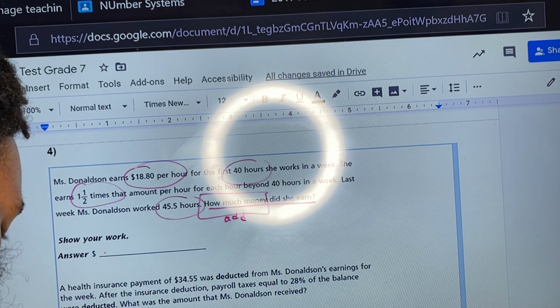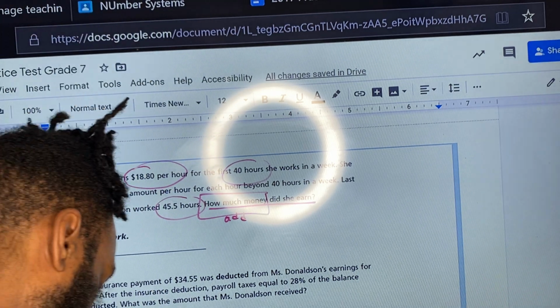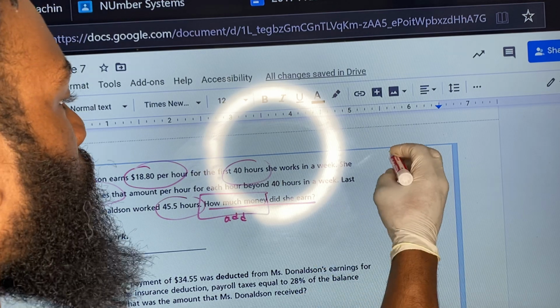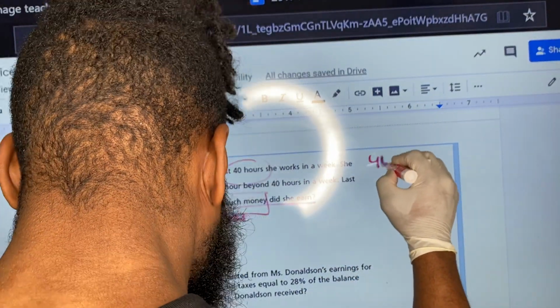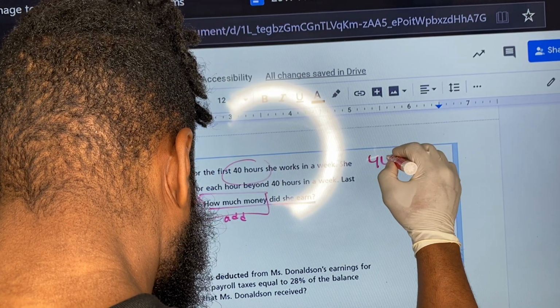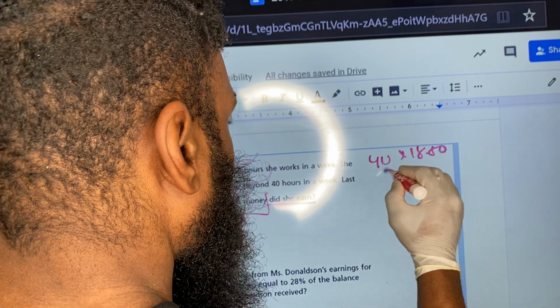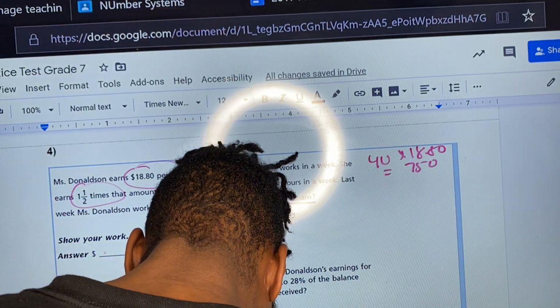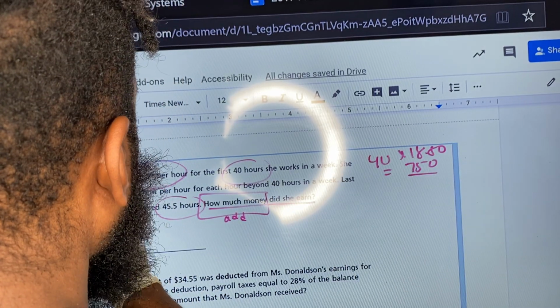So first, my first step is figuring out how much she earned for the first 40 hours. So we got 40. You guys can see that? Okay. 40 times $18.80 per hour. That gives us $752. Okay. That's for the 40 hours. Now 1.5 times that amount for overtime.